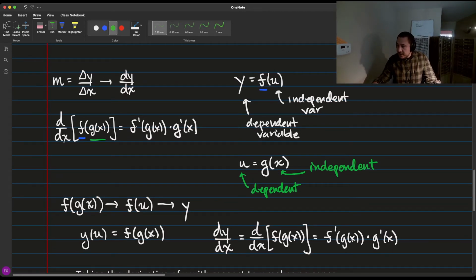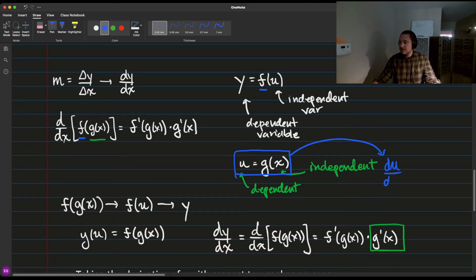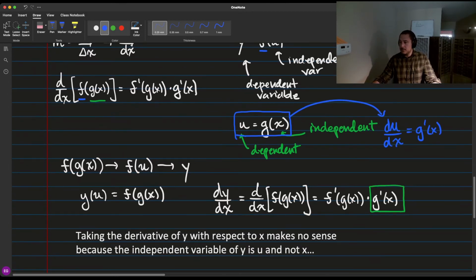You can figure out what this g prime of x is going to be by looking at this stuff over here. You can take the derivative of u with respect to x, and that is g prime of x. So this is going to be du dx.